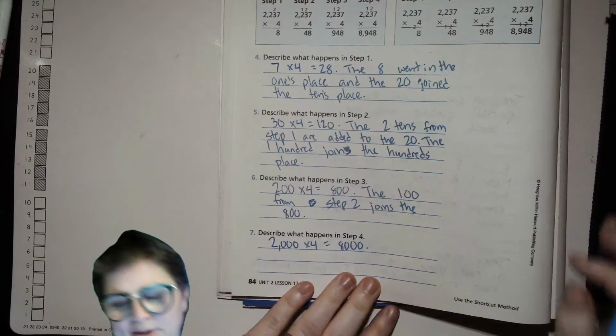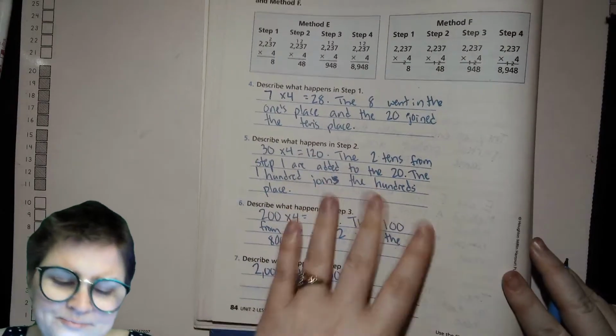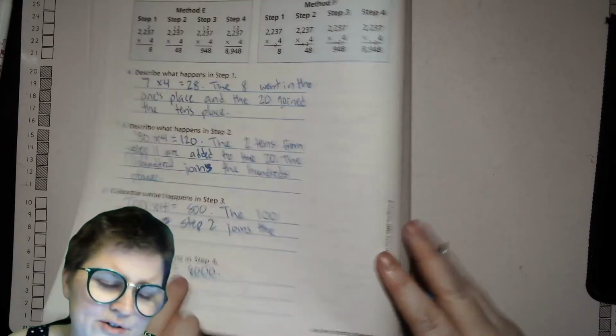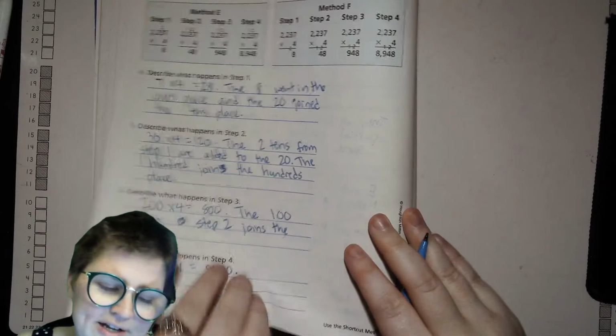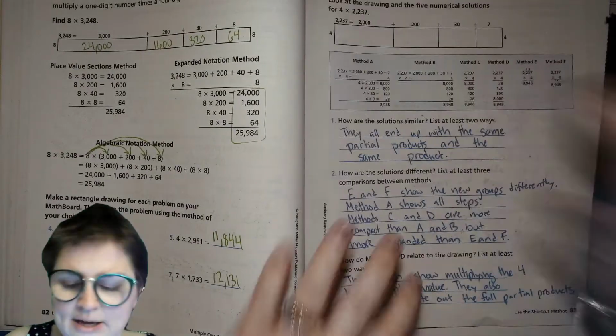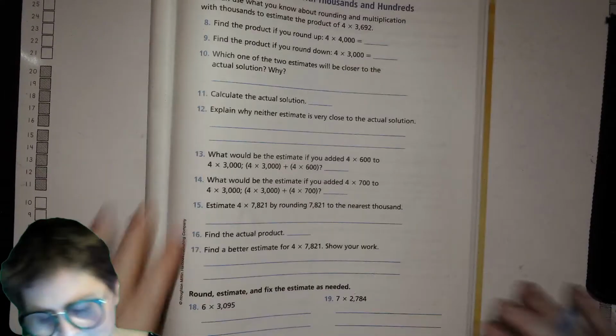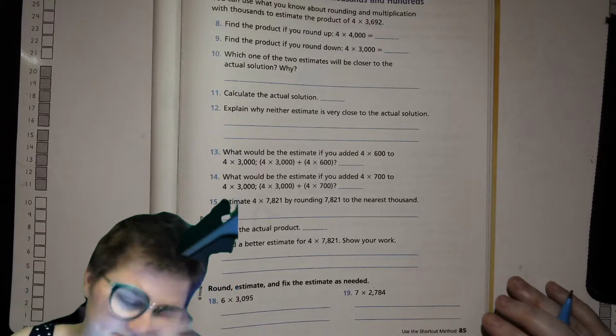I don't even think we need to write that down. All right. So just remember, when you're doing the shortcut method, you're still getting all those partial products that you would get if you were to write it out like this, but it's just a little bit more squished together, right? Okay. Go ahead and look at the next page.